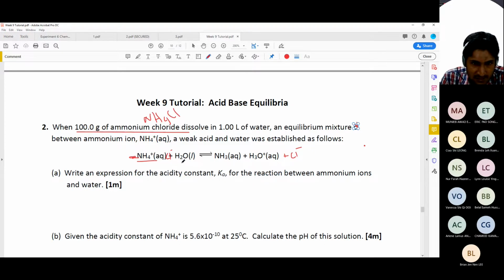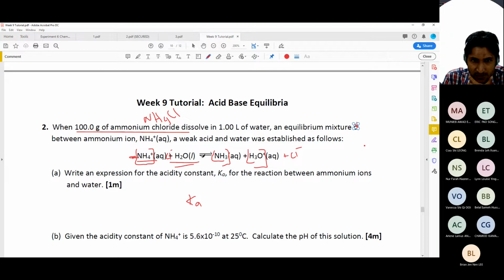So ammonium chloride was dissolved, and then ammonia and hydronium ion are formed, and at some point the equilibrium is established. We have to write the Ka value, which will involve the concentration of ammonia, concentration of hydronium ion, and concentration of ammonium ion.